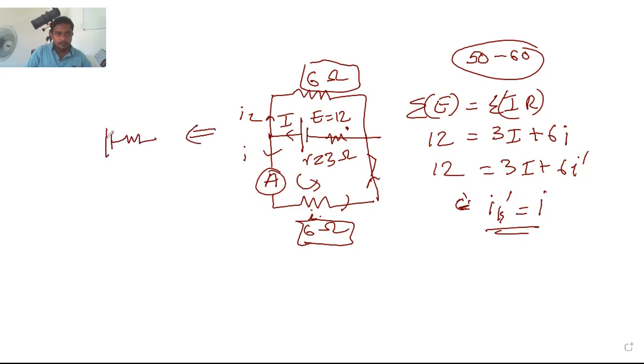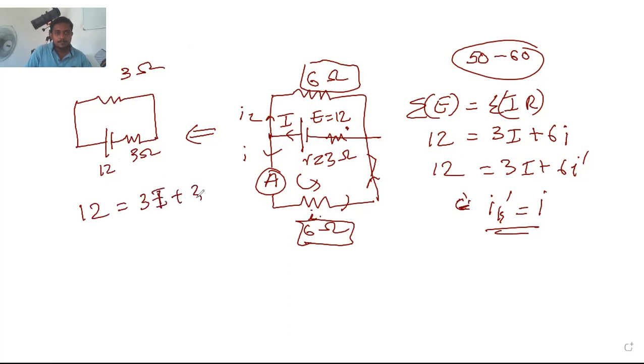3 is here. These are two parallel branches, 6 and 6, I just have to divide that by 2. I am getting 3 ohms. Here we have 3 ohms, and here we have 12. So 12 is equal to 3I plus 3I.